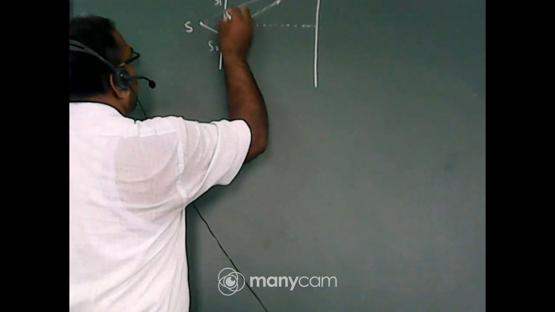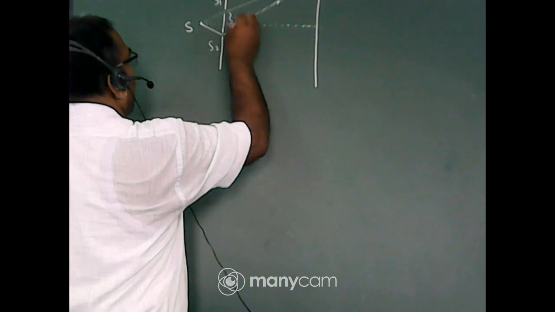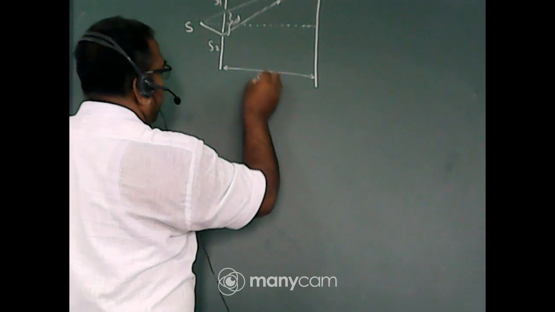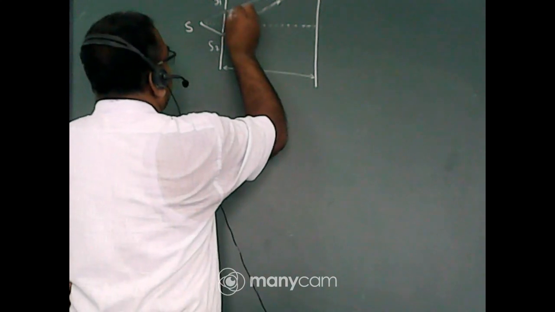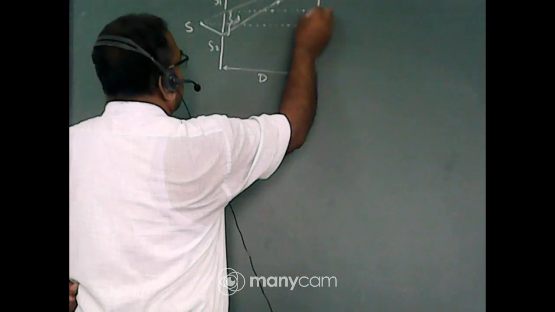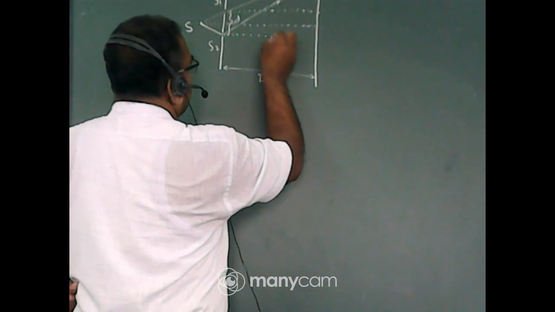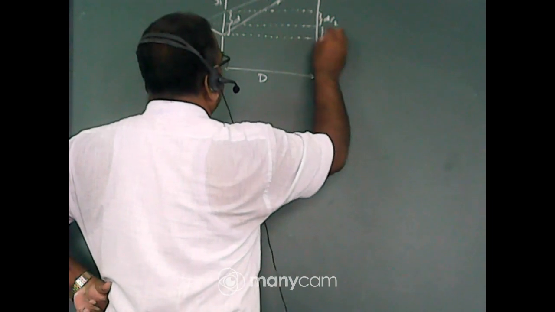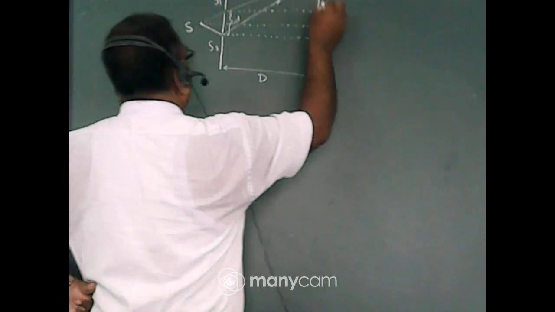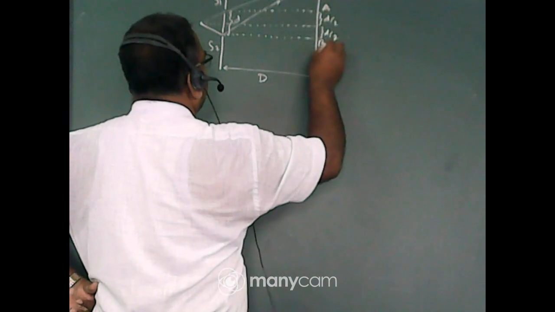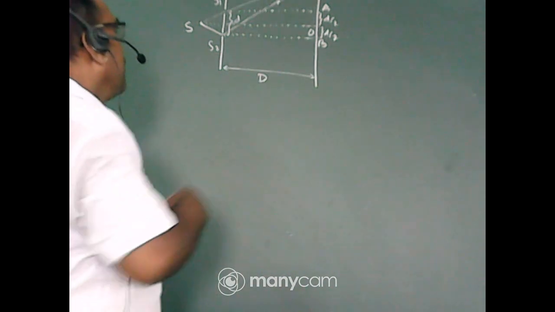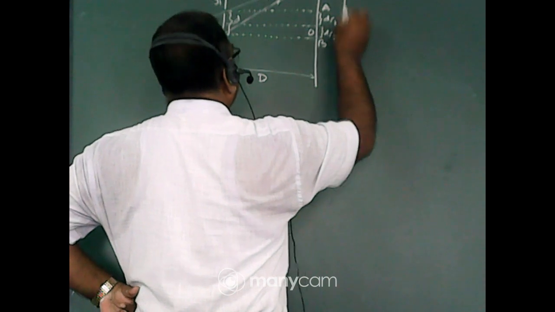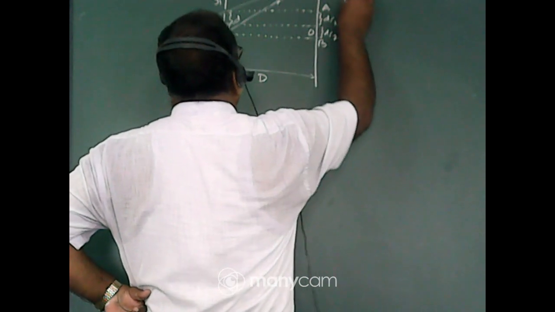The distance between the two slits is small d, and the distance between the slits and the screen is capital D. This is d by 2, and that also is d by 2. This is A, that is B, and the center is O. From the central maxima, the distance to P is x.